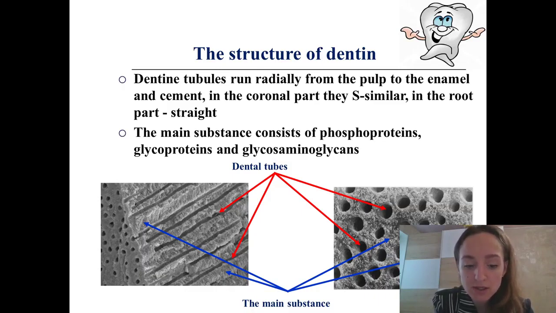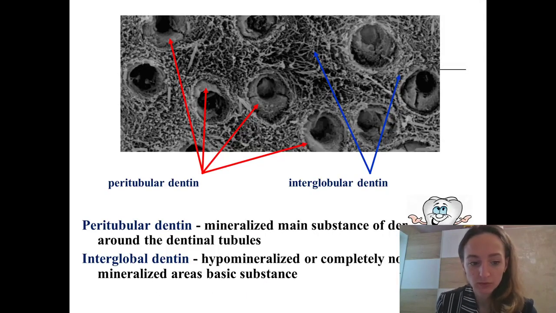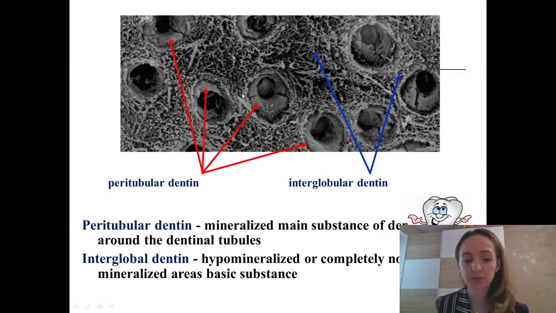Okay, the next slide. Peritubular dentin, interglobular dentin. You can see the preparation, and here is the peritubular dentin.